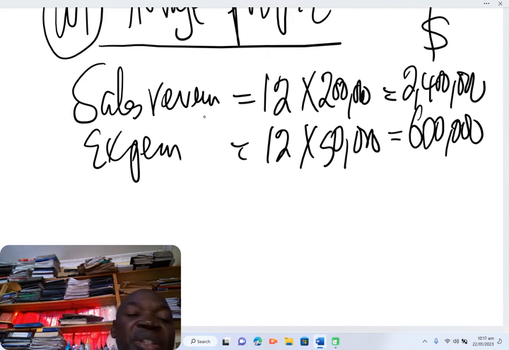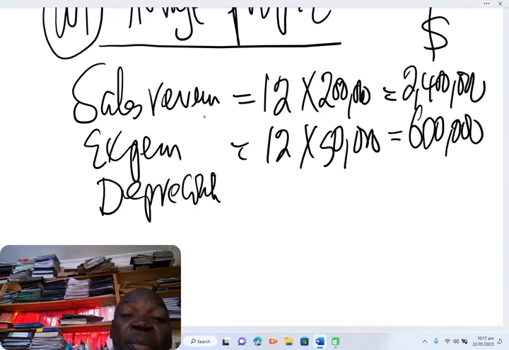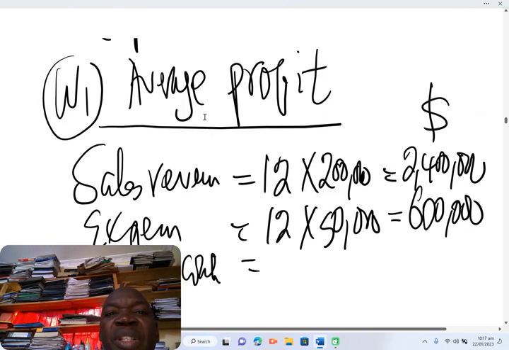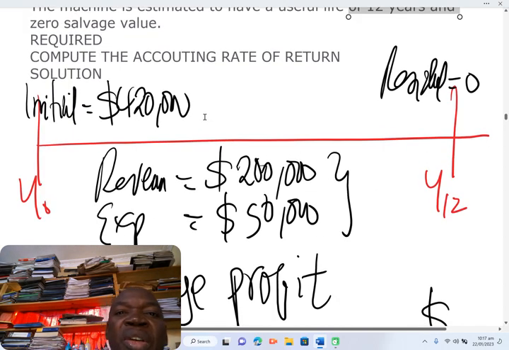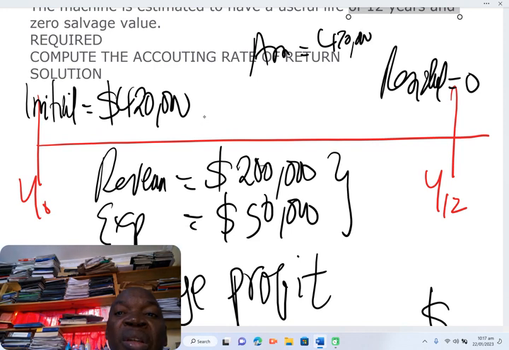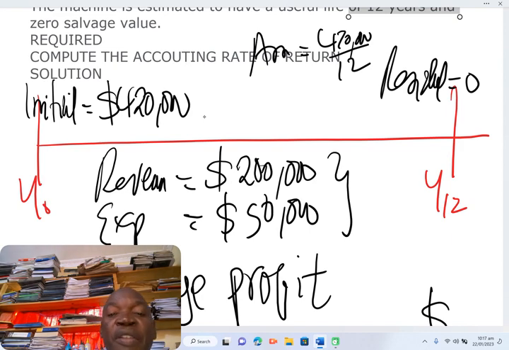Annual depreciation is 420 divided by 12, which is 35.